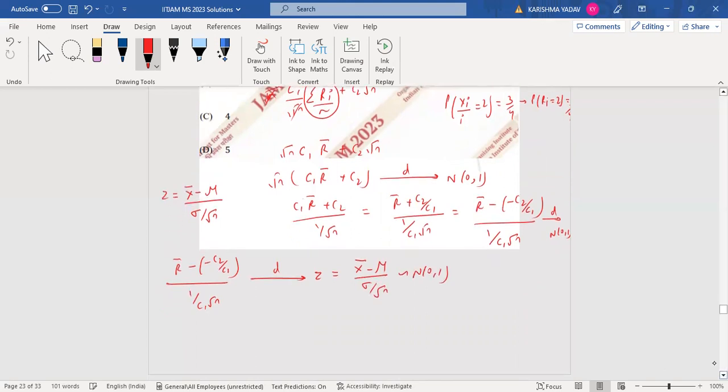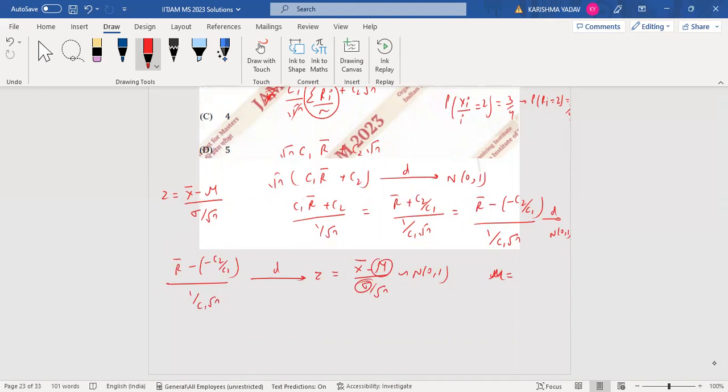Now let's compare the values and find the corresponding result. If this is following normal 0 comma 1, then mu has to be equal to this, which is the mean, and this is the variance at that time.